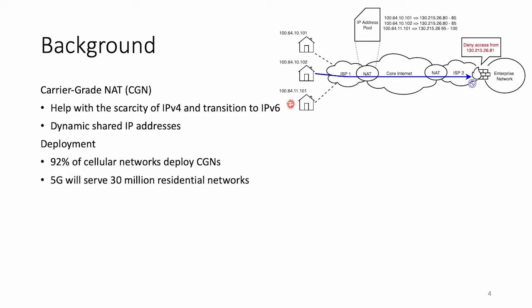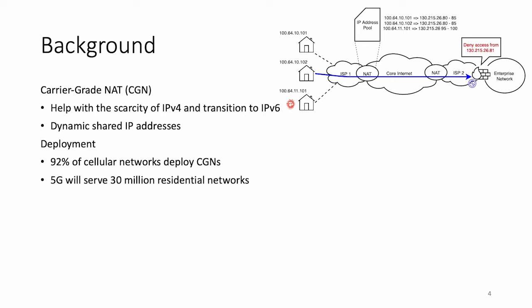Before introducing our method, let's go through some background knowledge. IP addresses were originally designed for recognizing a remote user. However, IPv4 addresses have already run out, and people invented the carrier-grade NAT, or CGN, to help with the transition from IPv4 to IPv6. However, there are some features that come with CGN.